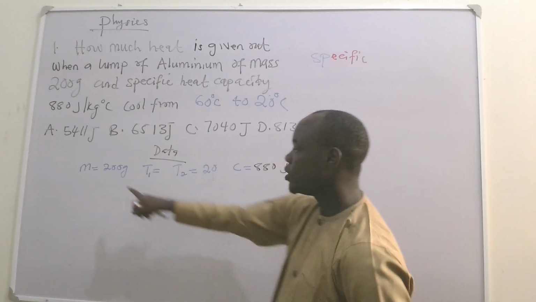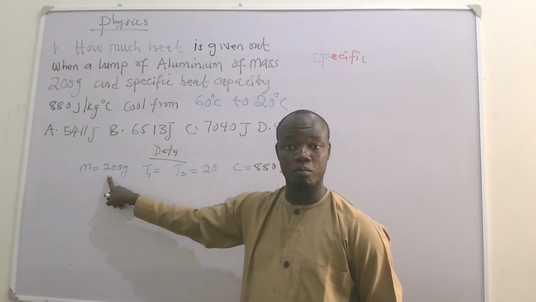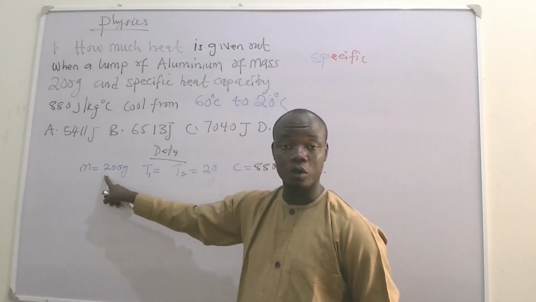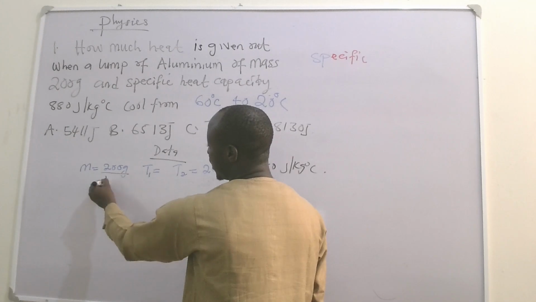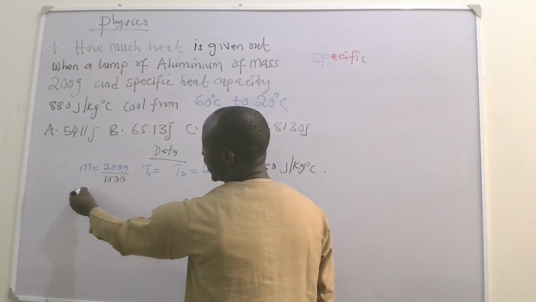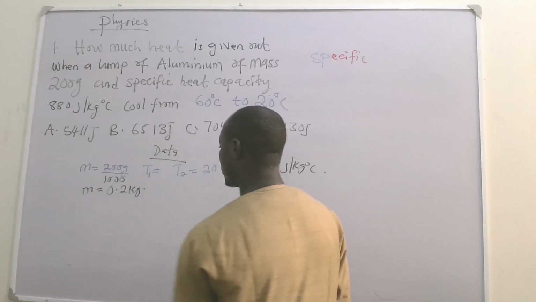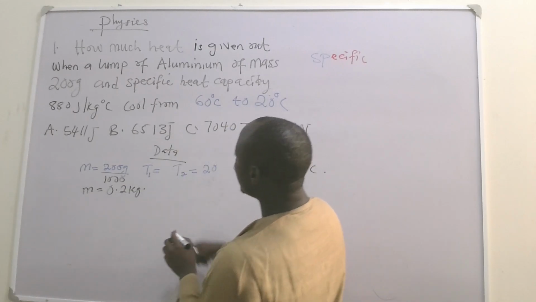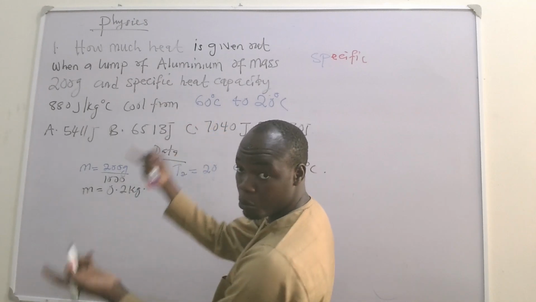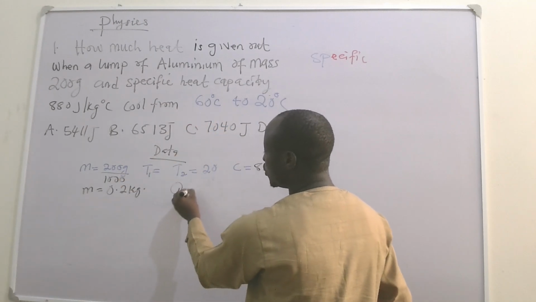Now, this mass is given in grams, so we have to convert it to kilograms, and we do that by dividing by 1000. If you divide this by 1000, you are going to have 0.2 kilograms. From the question, it said how much heat, so it means that Q is unknown.